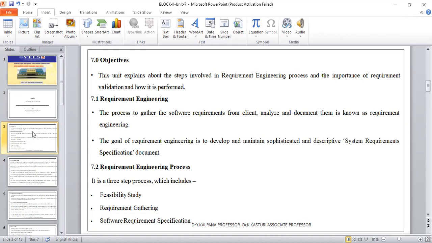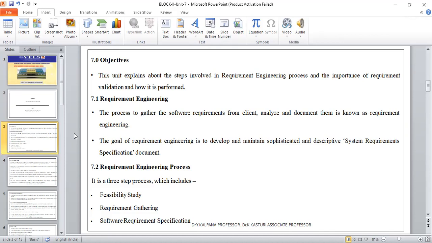And it's not enough only to gather the information, but also to validate whether the requirements are valid requirements and how you are going to perform that. Therefore, the requirement engineering process is conducted for gathering valid requirements.